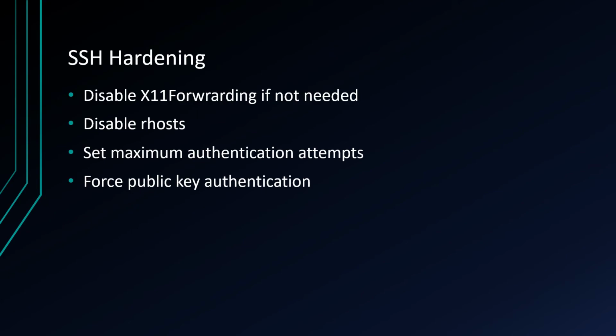This can be done by changing two separate values. You want to take the PubkeyAuthentication value and set it to yes, and then take the PasswordAuthentication value and set that to no. By doing this, you're disabling password authentication for SSH and enforcing public key authentication.